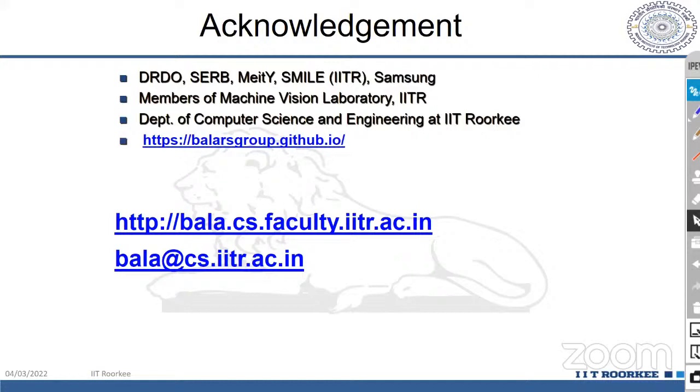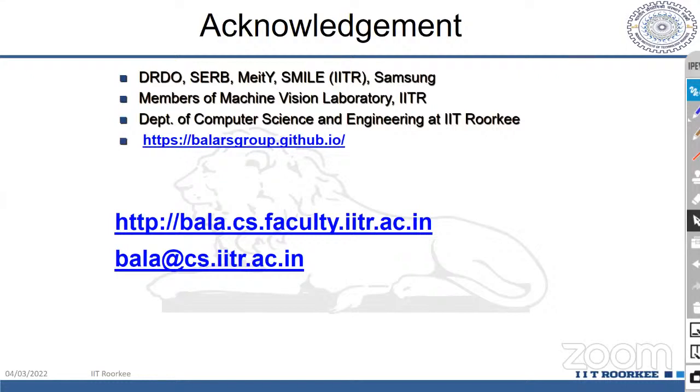Just send an email to me or my group. You can find my group on that GitHub site. You can contact Puneet or alumni like Himanshu, who have done this. The CK database is old, so the CK plus database is the latest one. Use that for emotion recognition problems.